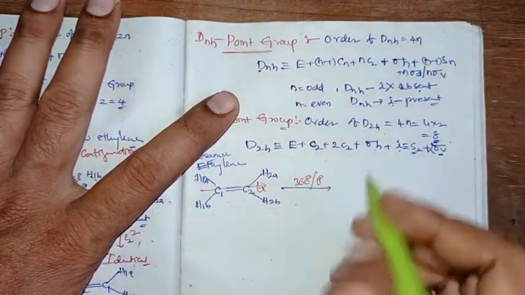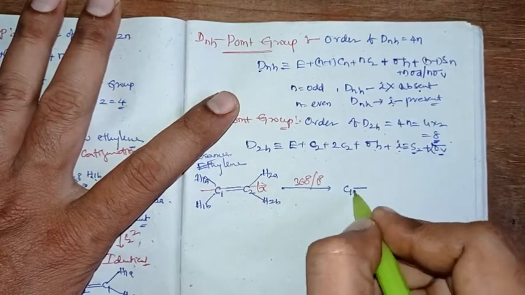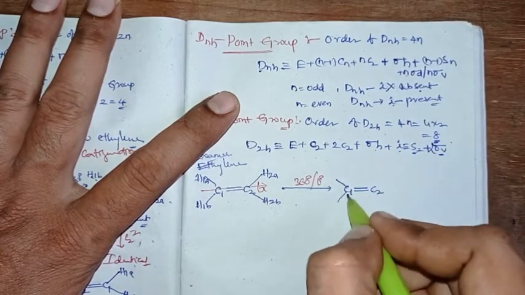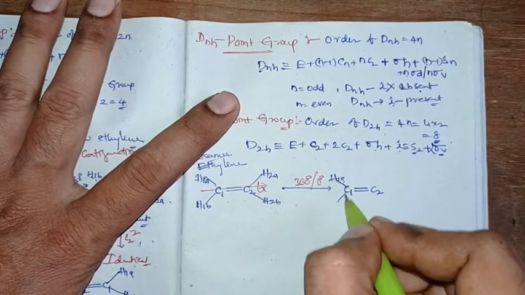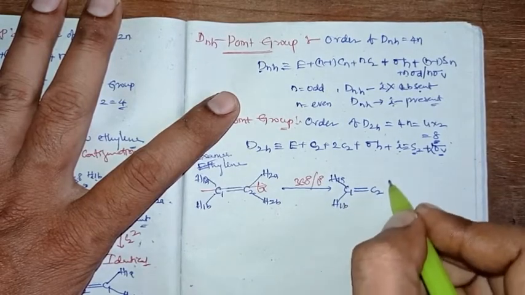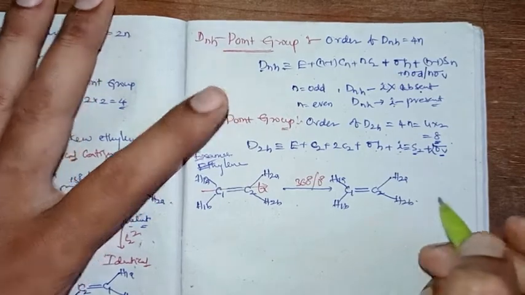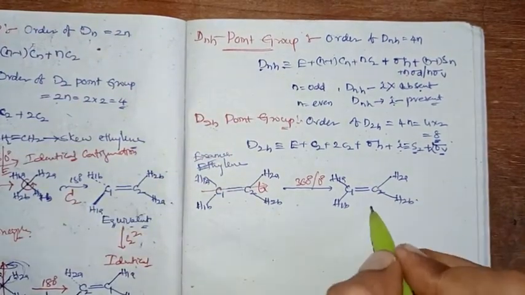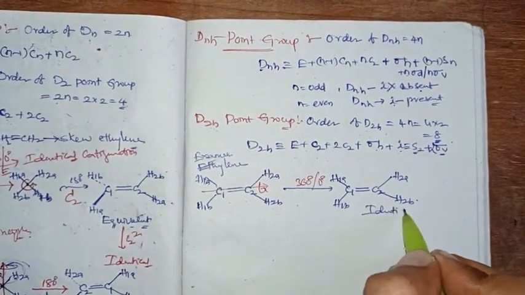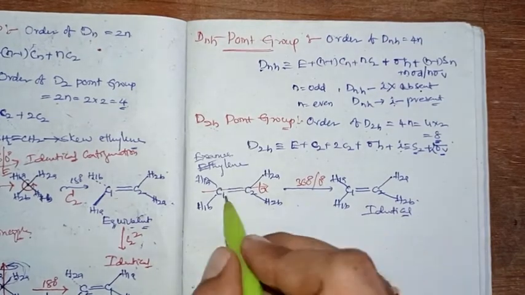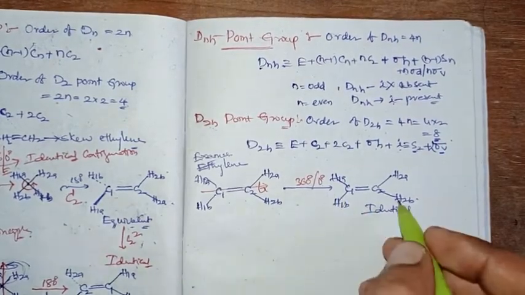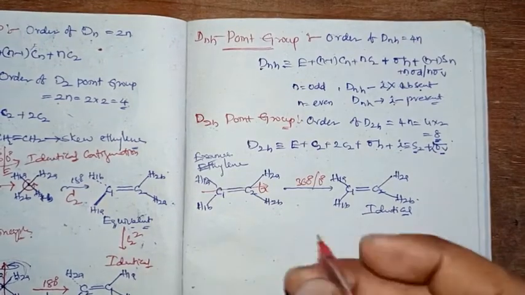It surely generates an identical configuration where all the atoms retain their position, H2A, H2B, right? Doing nothing or doing 360 degrees of rotation will give you an identical configuration.